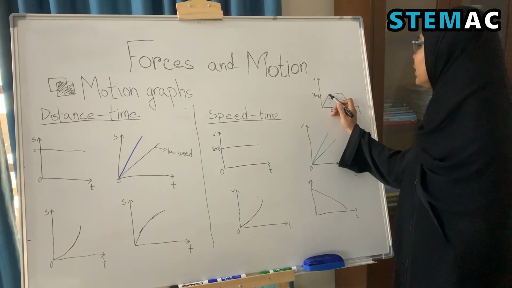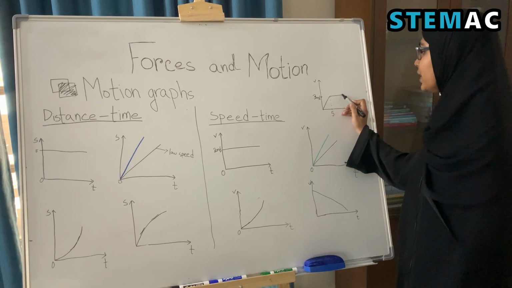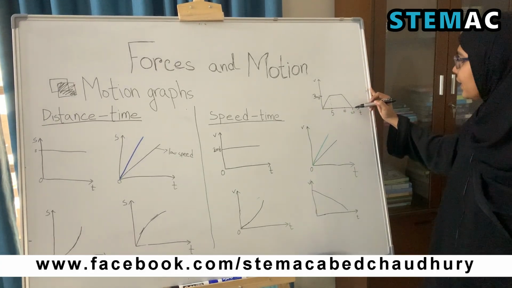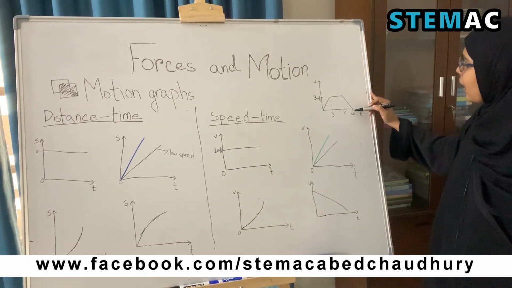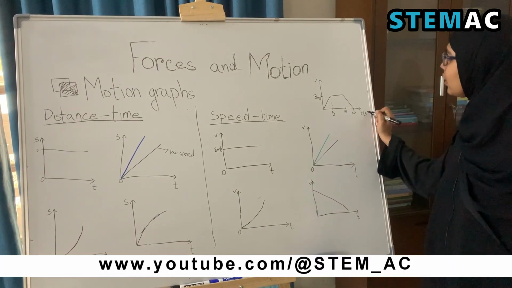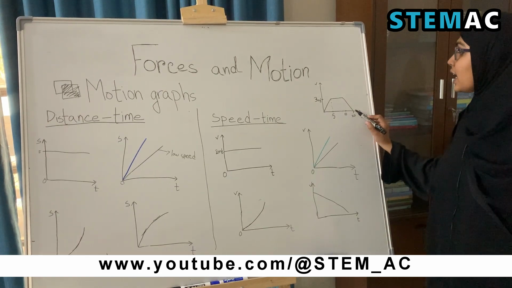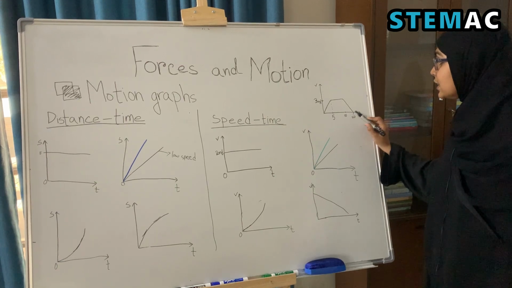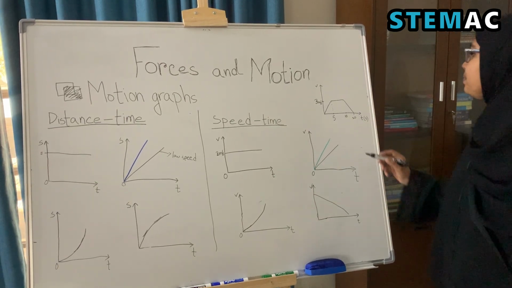Then it moves at a constant speed. Then it decelerates when the driver hits the brake, and at the time 20 seconds, the speed becomes 0 and it comes to a stop.